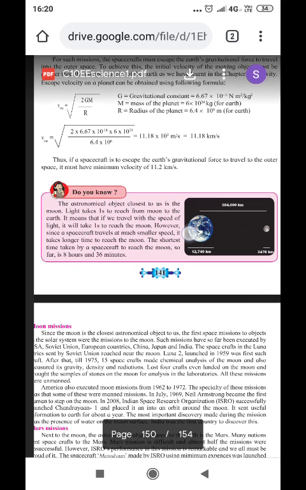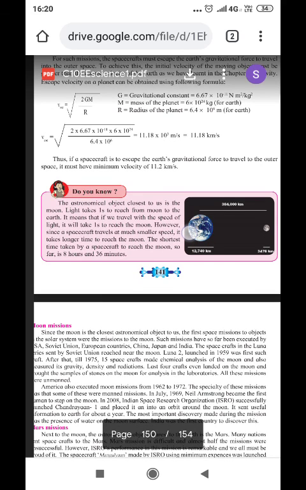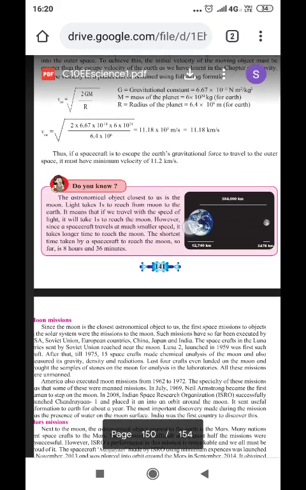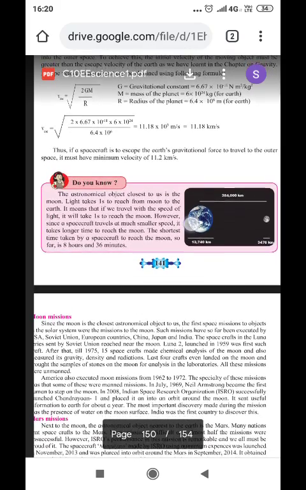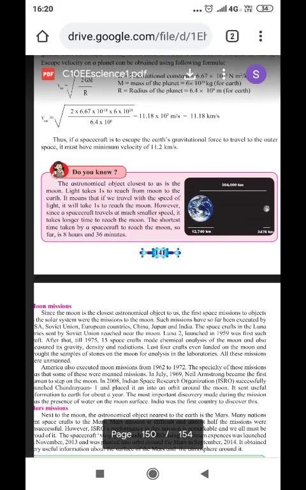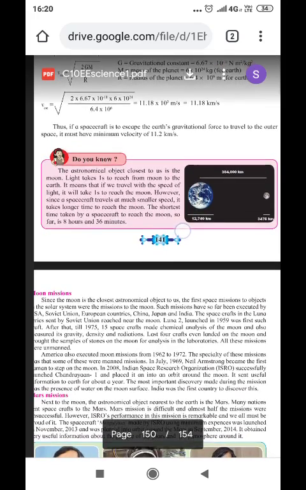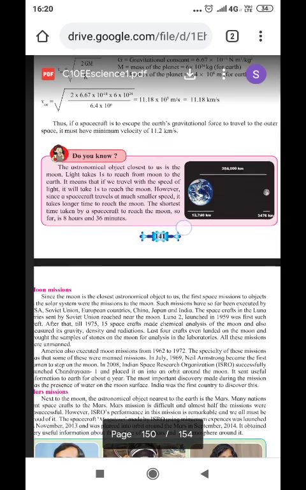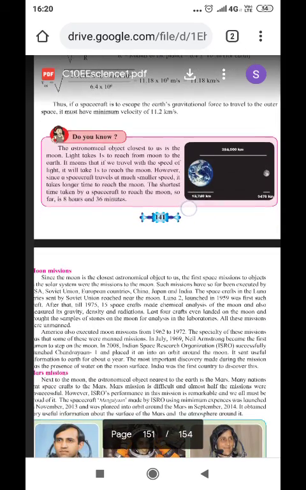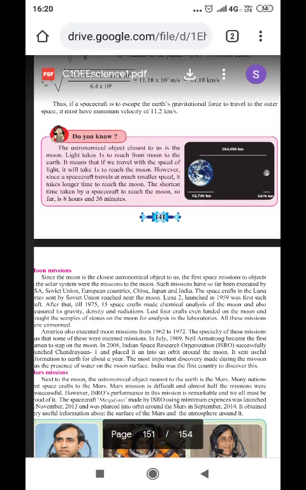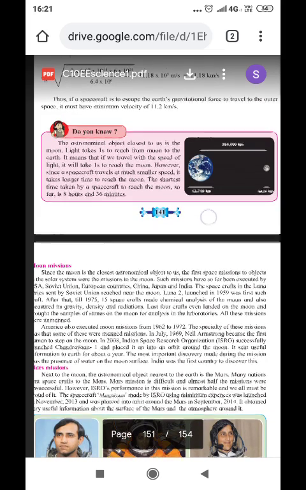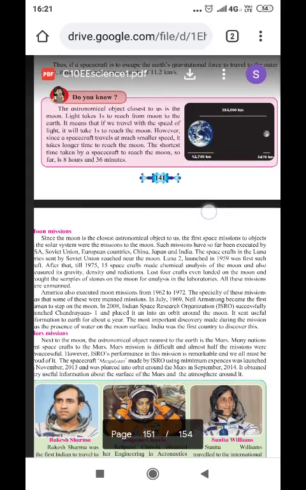Mass of the planet is 6 into 10 raised to 24 kg for the Earth, and radius of the planet is 6.4 into 10 raised to 6 meter for the Earth. After putting in the values, we get the escape velocity as approximately 11.18 kilometer per second. Thus, if a spacecraft is to escape the Earth's gravitational force and travel to outer space, it must have a minimum velocity of 11.2 km per second.